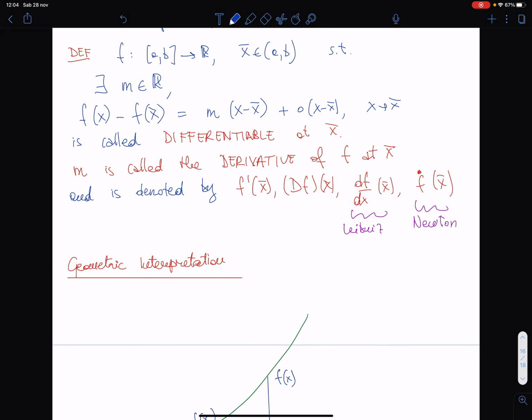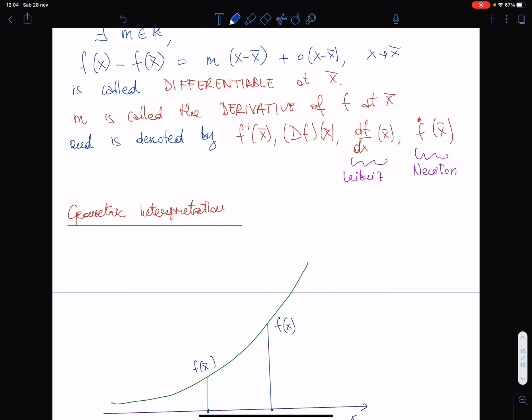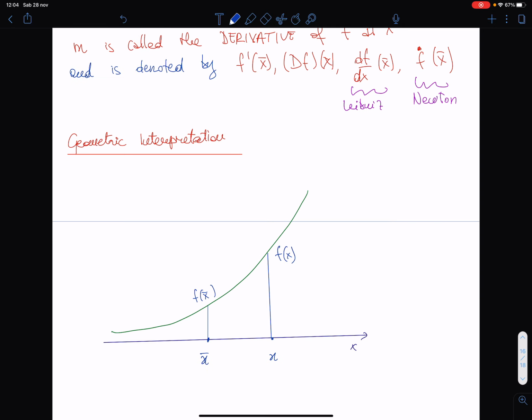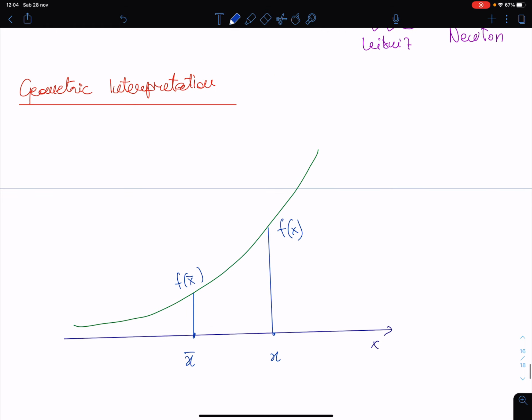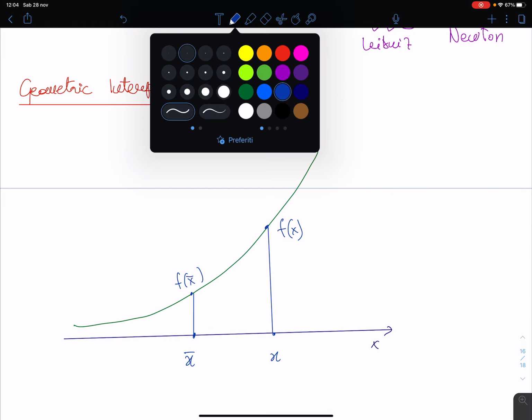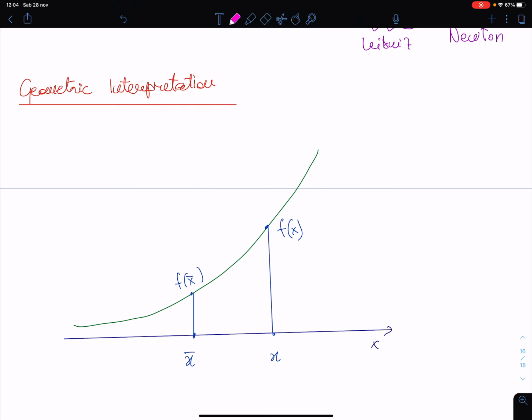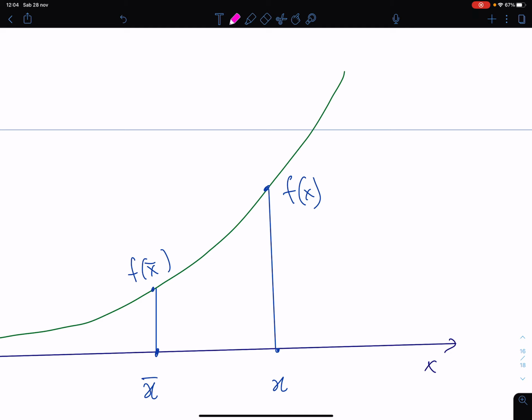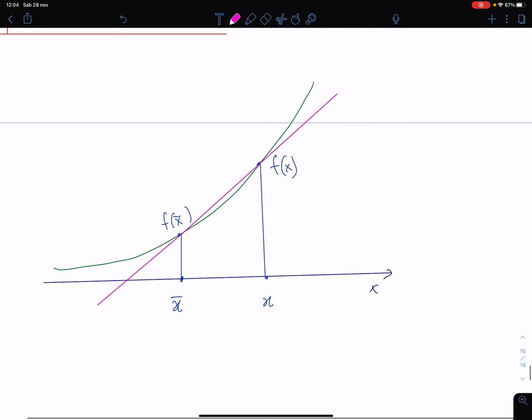And now try to understand what is this. Consider the line joining these 2 points of the graph, and so you start from here. So what is the equation of this line?